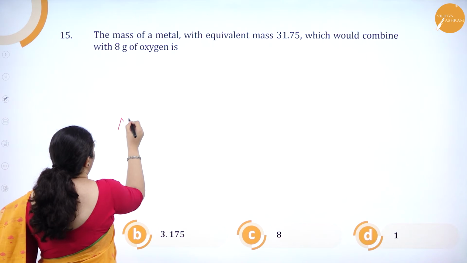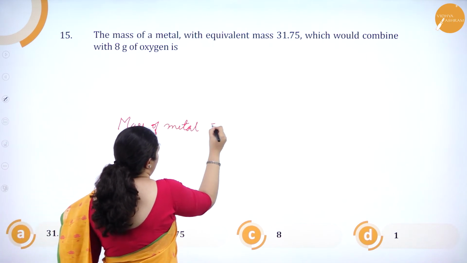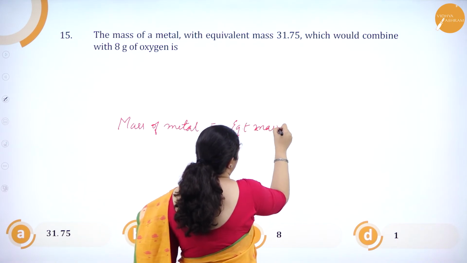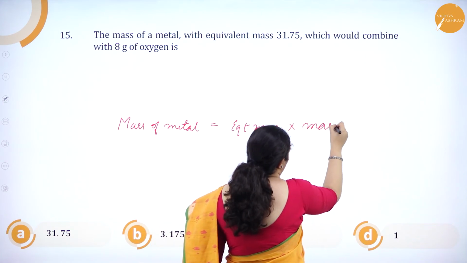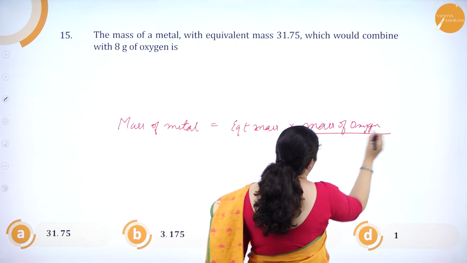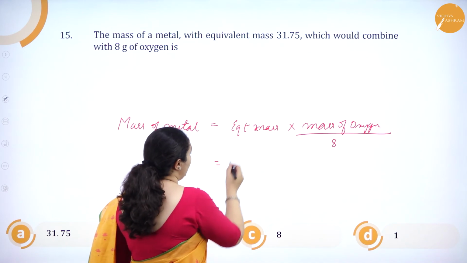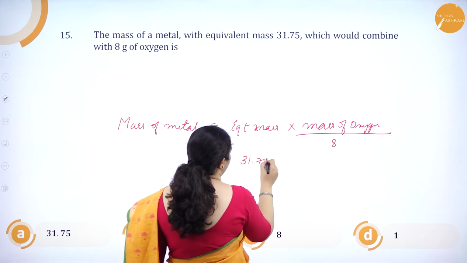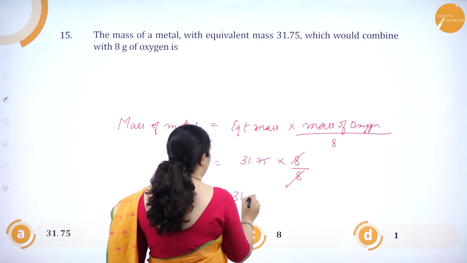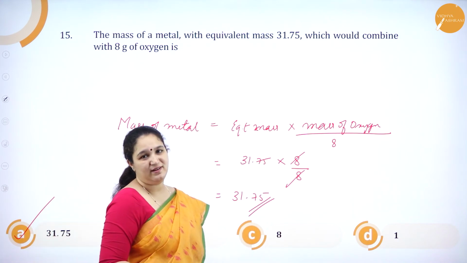It's simple: mass of the metal is equal to equivalent mass into mass of oxygen combined, divided by 8, because for oxygen the equivalent mass is 8. So equivalent mass is 31.75, mass of oxygen combining is 8, divided by 8. So the answer is 31.75. So option A is the right answer.